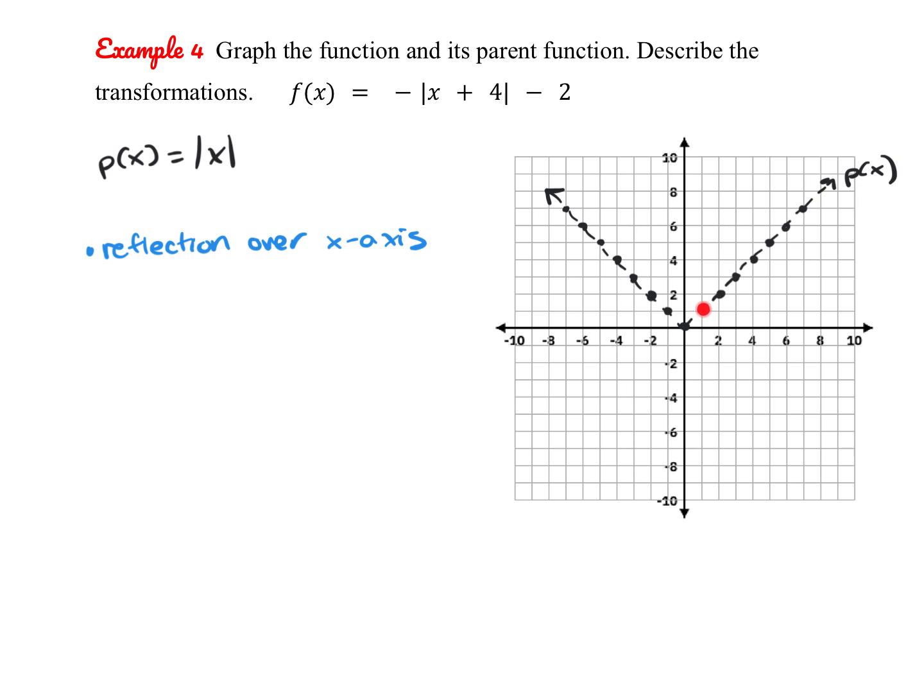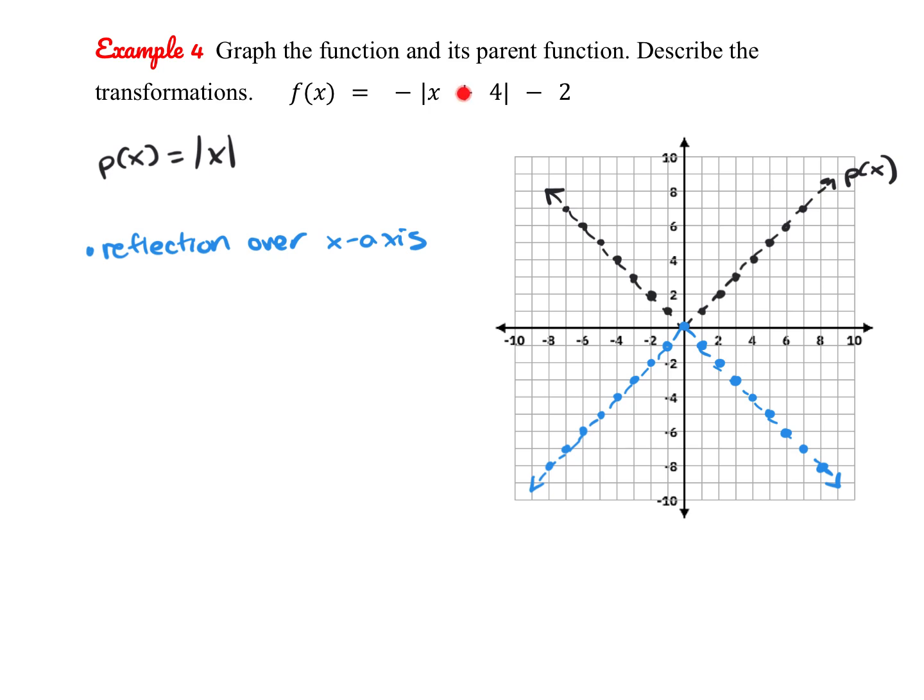So I'm going to take, again, all of my coordinates and I'm going to move them the same distance from the x-axis, just on the other side of the x-axis. So it ends up looking like this. And again, this is just that intermediate step. I'm not completely done, so I'm going to keep it as a dotted line.